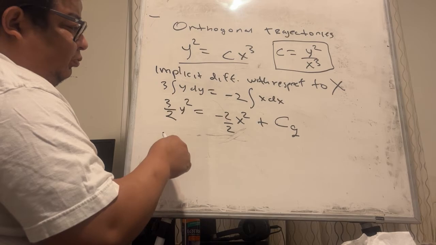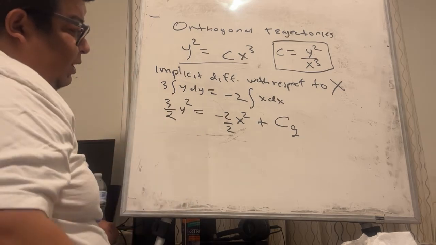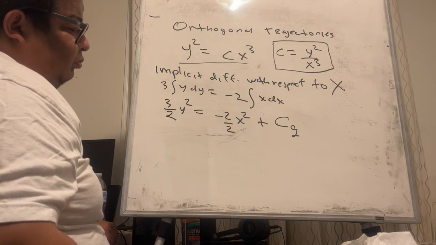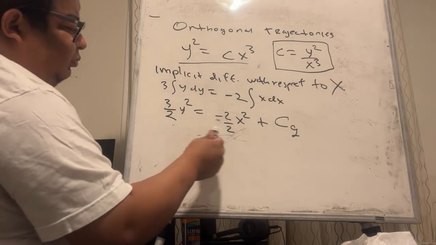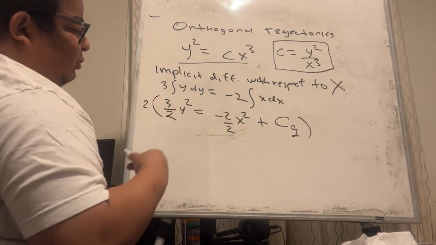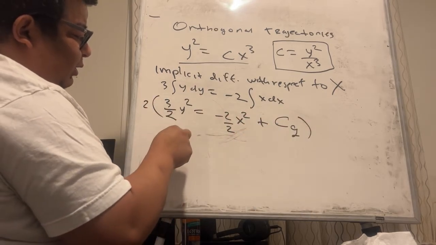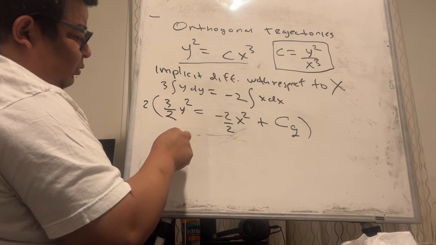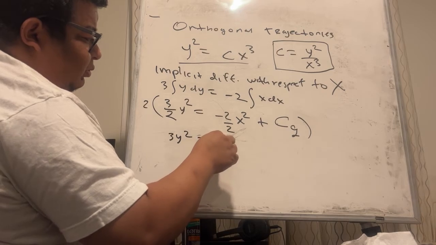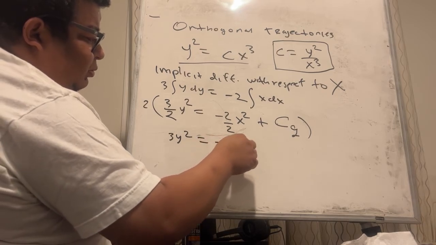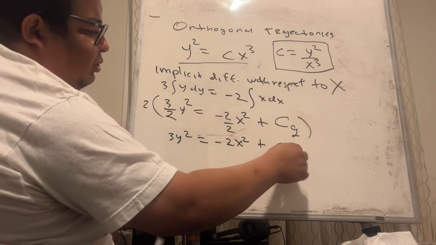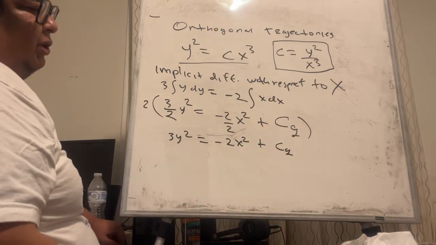So now let's get rid of these two fractions. The way we do it is we multiply everything by 2, and then that will be 3y squared equal to negative 2x squared plus 2cg, but remember, we just keep a constant, so we still call it cg.